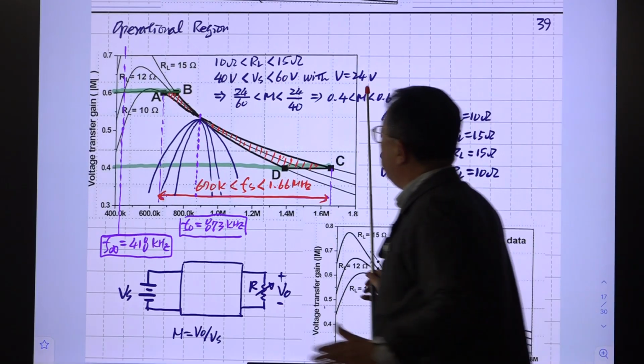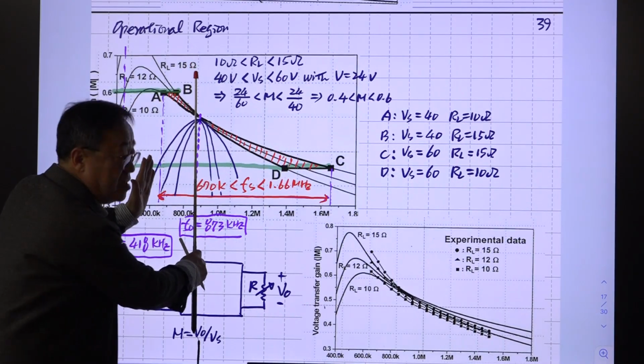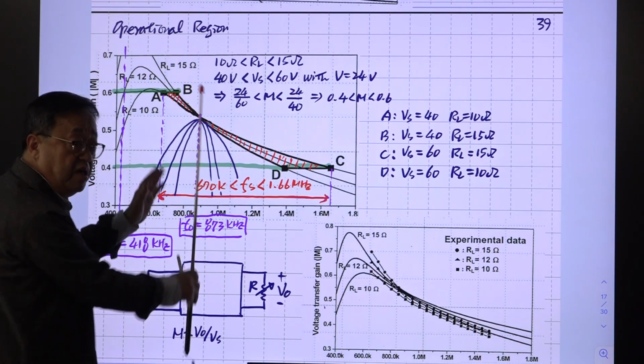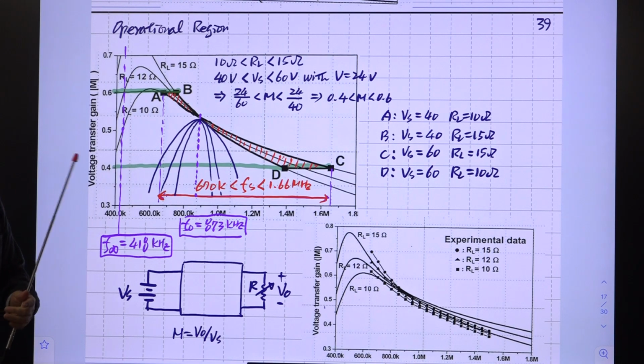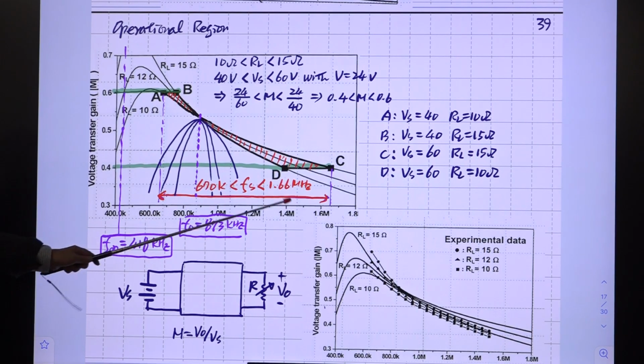One smart guy will limit it somewhere here, like this. Then he needs a different design of the PCB windings. But with the given PCB windings, this is our best approach. So this is the range of the switching frequency.